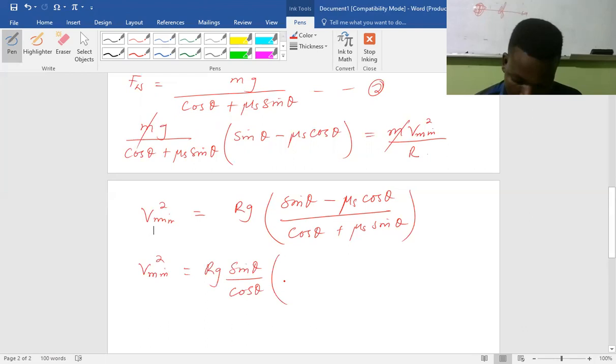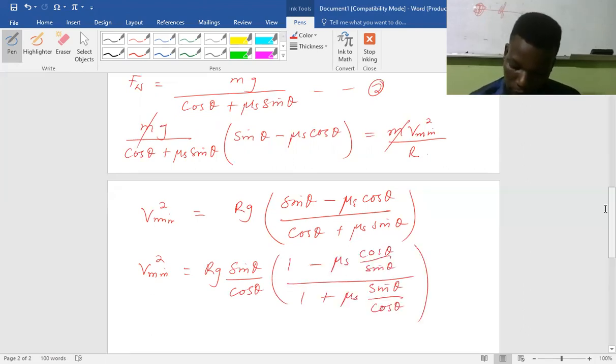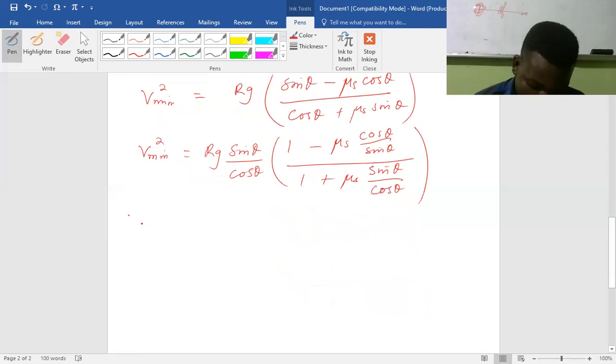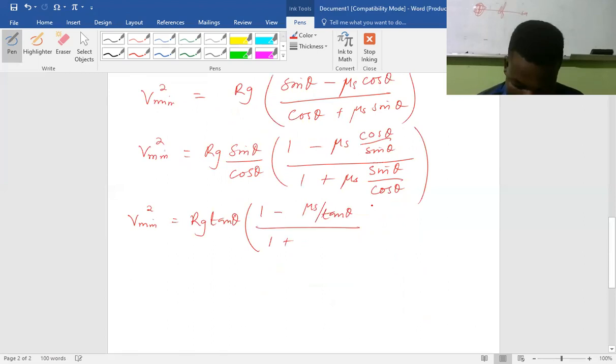Then over here, we're going to have 1 plus mu s sine theta over cos theta. Okay, so here we're going to have minimum velocity being equal to rg tan theta times 1 minus mu s over tan theta over 1 plus mu s tan theta.